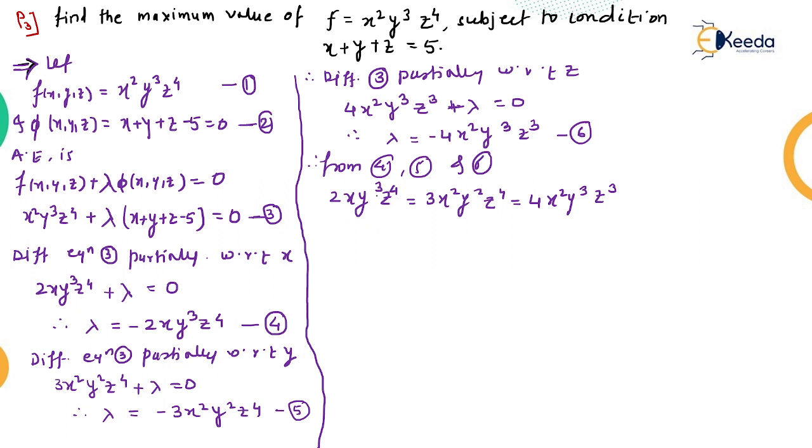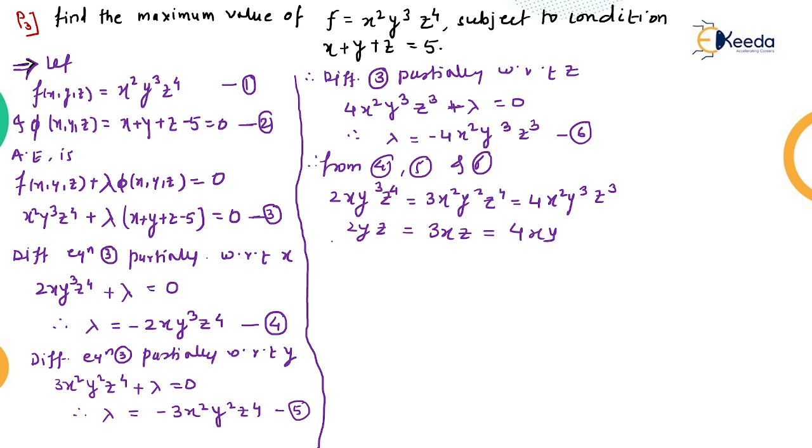After cancelling, we get 2yz equal to 3xz, that is equal to 4xy.